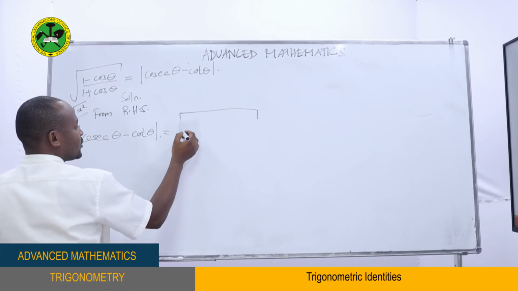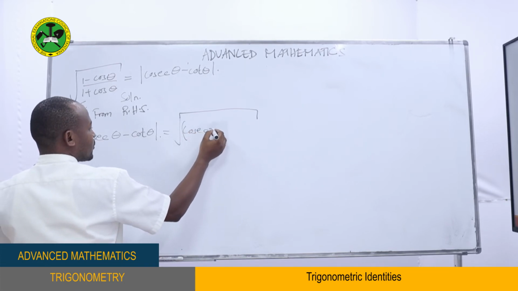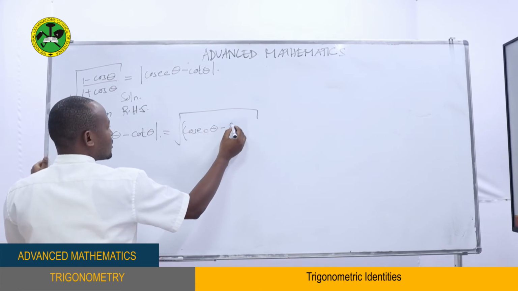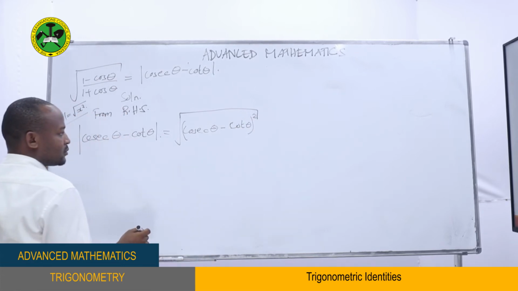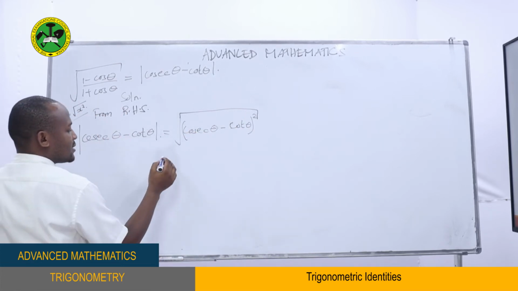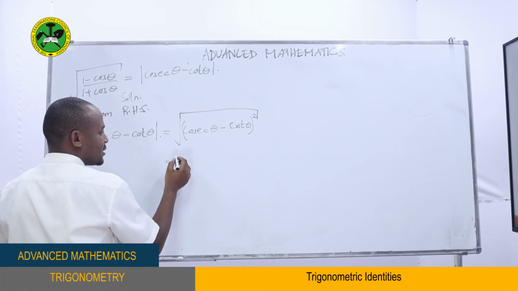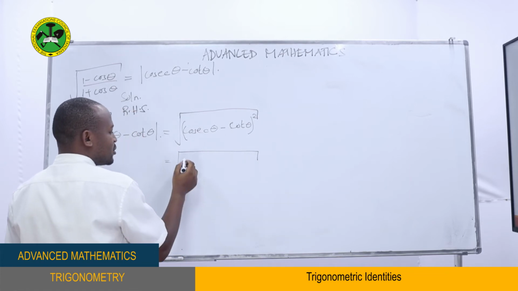So this will be the square root of (cosec theta minus cot theta) all squared. The absolute value of that is equal to that, so we can simplify it. Simplifying, I have decided to do the following.